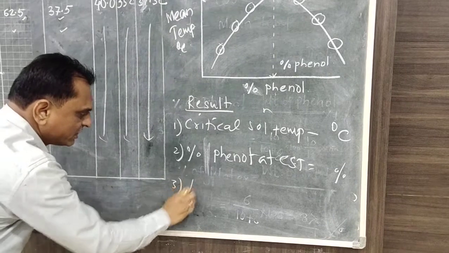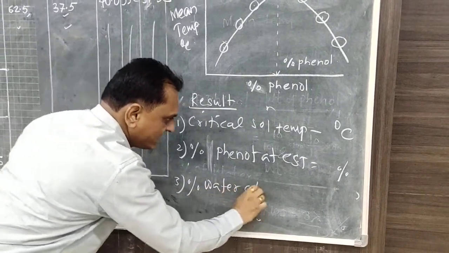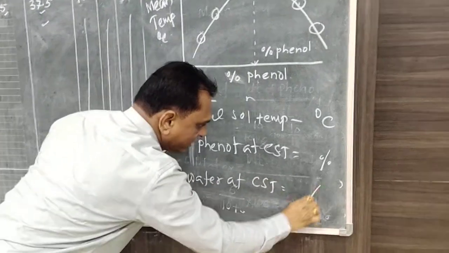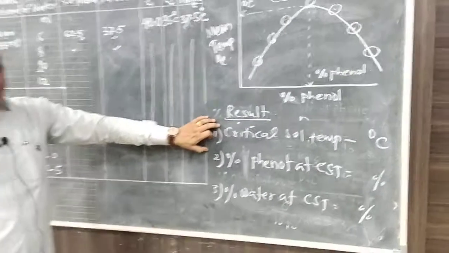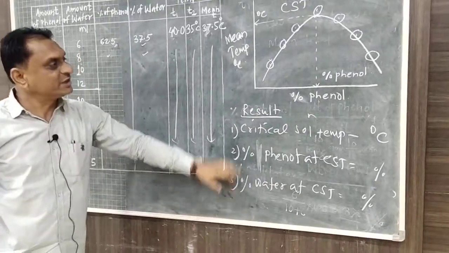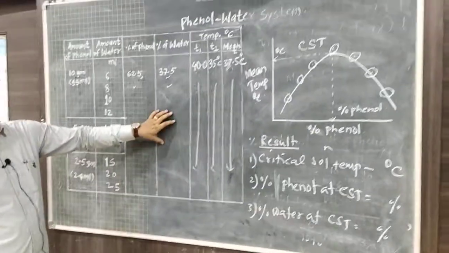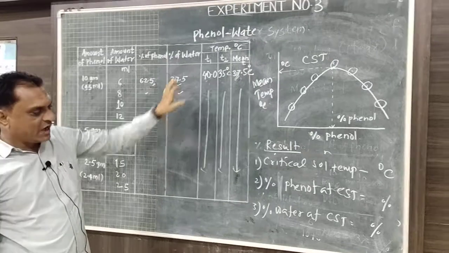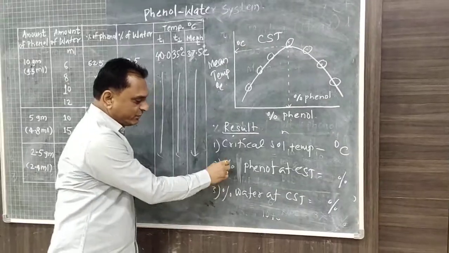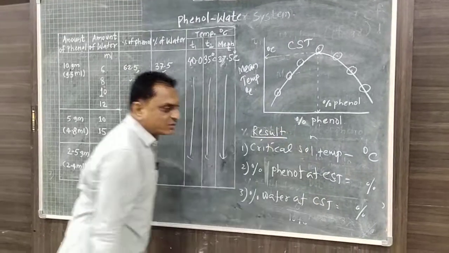And third is the percentage of water at CST, critical solution temperature. So this is your result table. We have three representations in your result table. In this way we have to determine the critical solution temperature and the percentage of phenol and percentage of water at critical solution temperature.